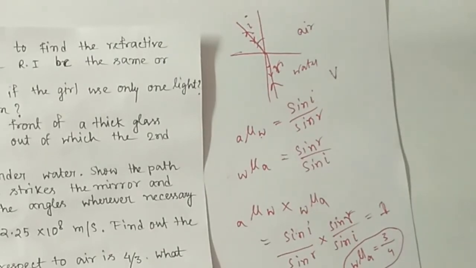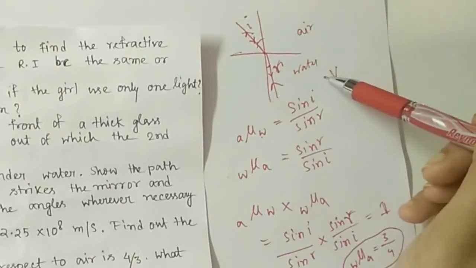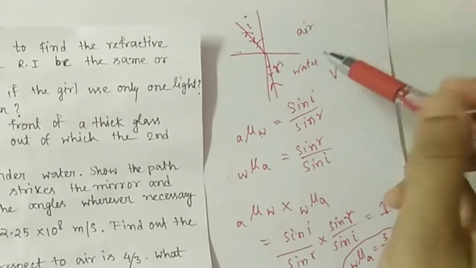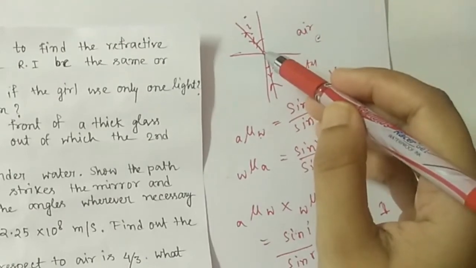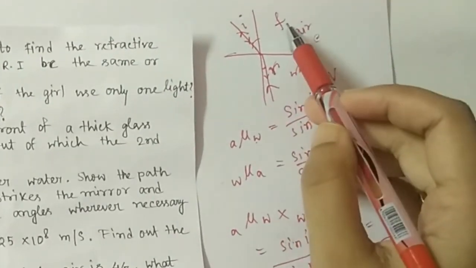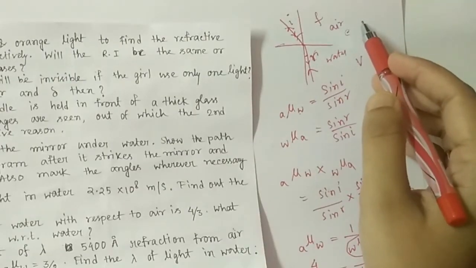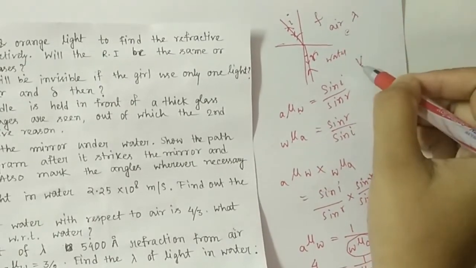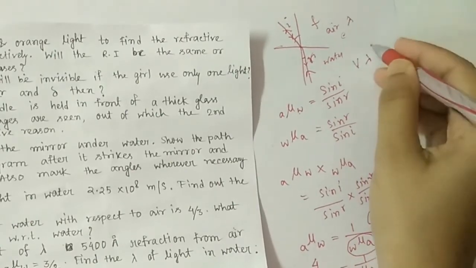It says that if a ray is moving from this medium to this medium, and in this medium the velocity of the ray is v, but in this medium the velocity of the ray is c, and suppose it has a frequency f. Now we all know that frequency only depends on the source of light. So in this case the wavelength will be lambda, and as the velocity is decreasing in this medium, the wavelength will be lambda dash.